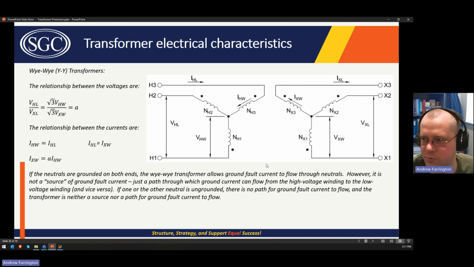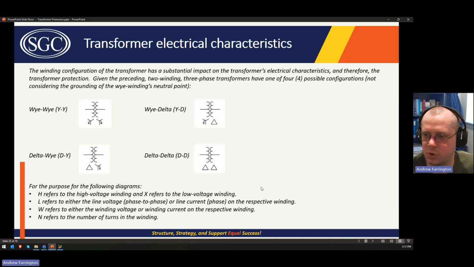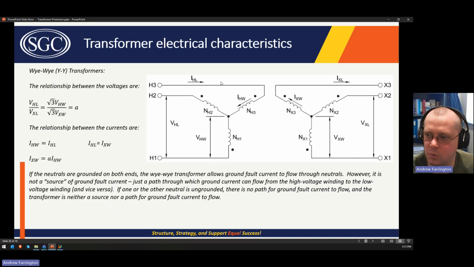I apologize first of all because I made these while I was doing the research, I guess you call it research, the preparation for these classes last year. There are a lot of examples of different transformer winding drawings and the equations that are provided with them, and I didn't find any that I really liked, so I ended up making my own.